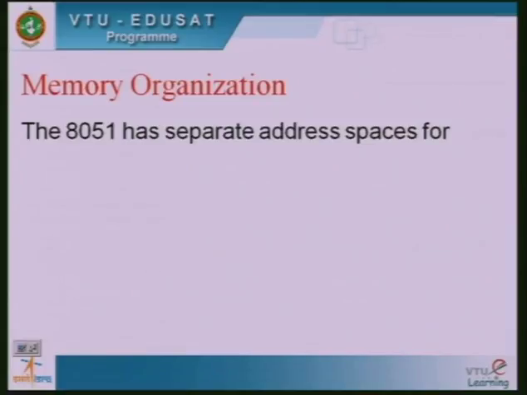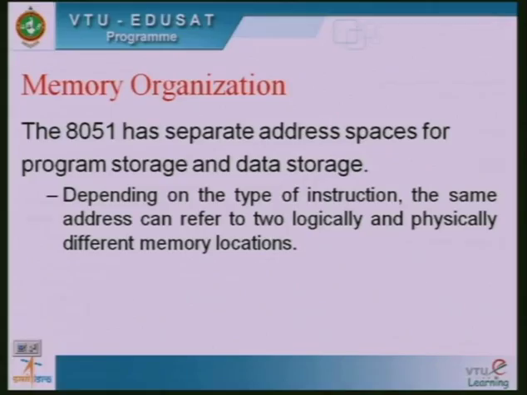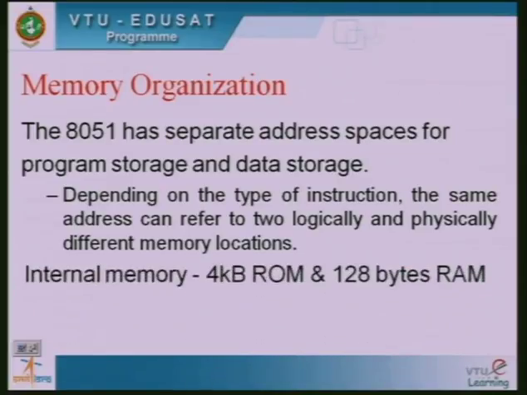As I've mentioned before, 8051 follows Harvard architecture. Harvard architecture means separate memories for program and data storage. So programs or code will be stored in a separate memory area, and data will be stored in a separate memory area. Please remember that. So internal memory, as I've told you many times before, is 4 KB ROM and 128 bytes RAM.